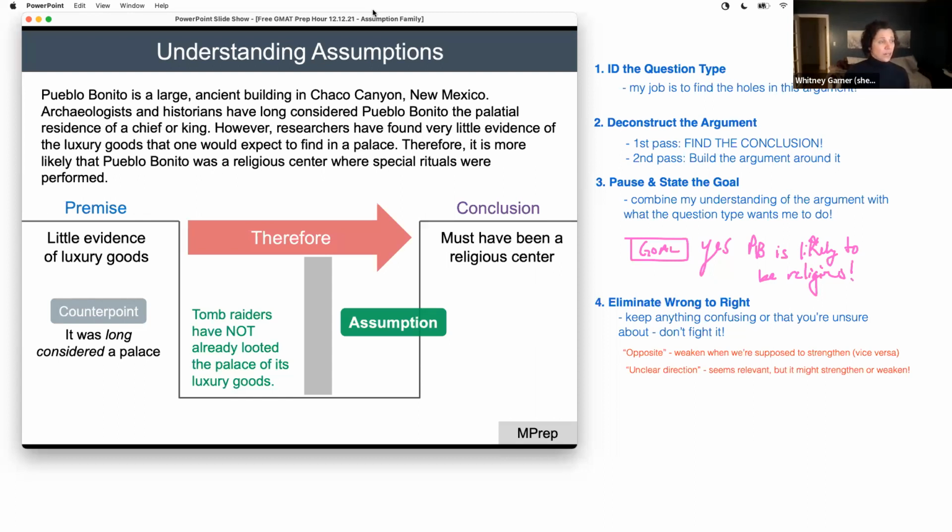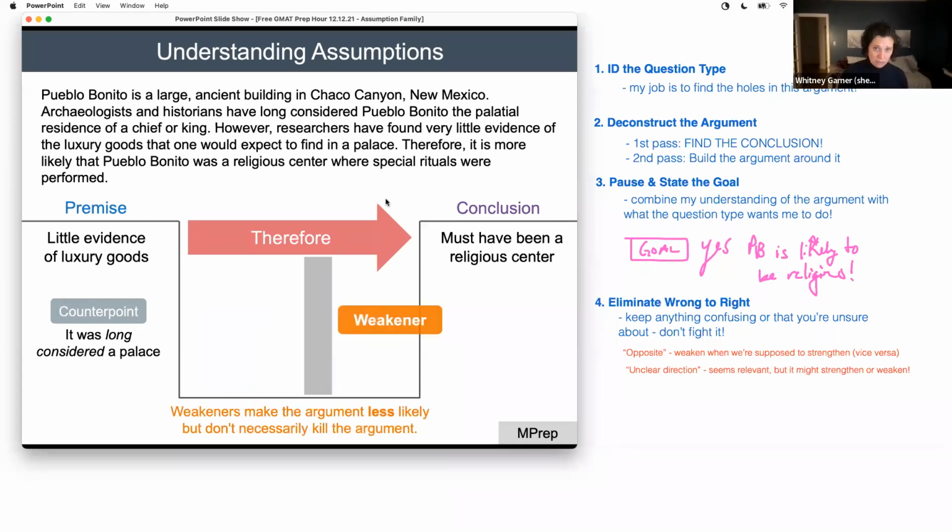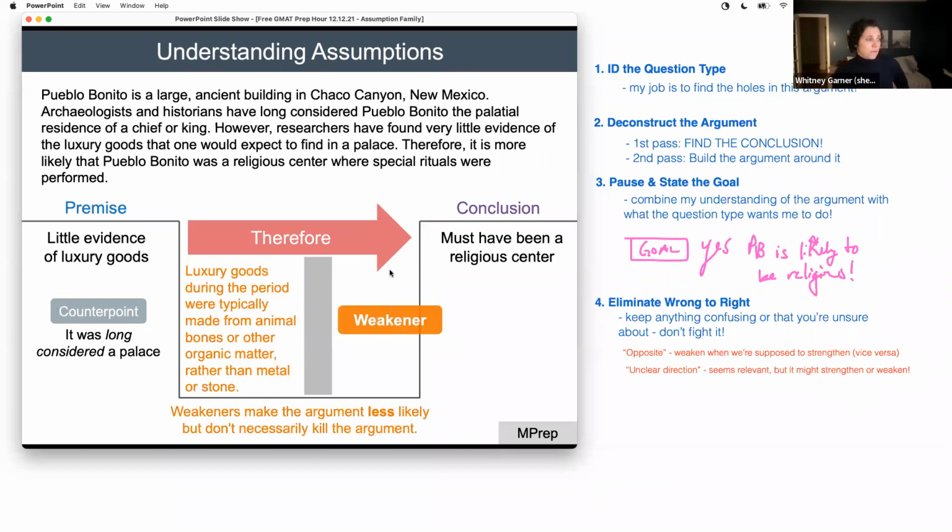What about a weakener? Well, if I wanted to weaken this, so I've strengthened it by showing that it would make sense that if some place isn't a palace, it must be a religious center. How might I weaken it? Well, I might say something about the fact that luxury goods were things that would have decomposed. So here's another reason why we don't find luxury goods.